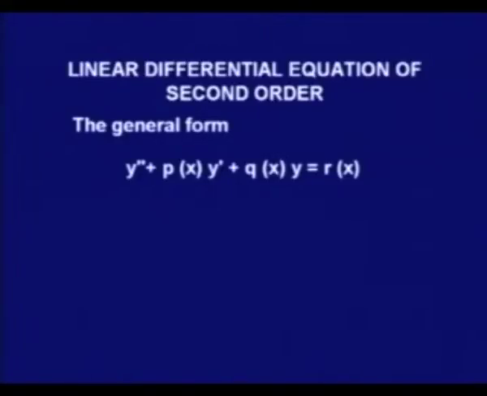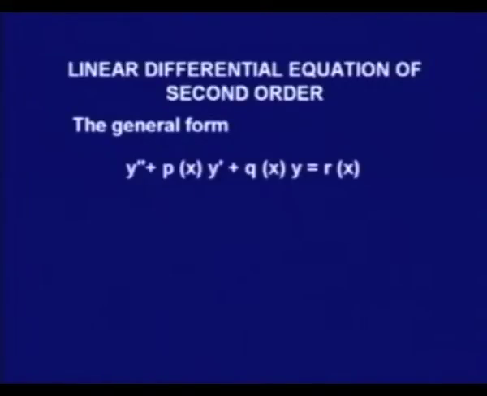The highest order occurring in this equation is the second order. So, this is a second order equation. Moreover, y, y dash and y double dash occur in first degree only and separately. None of the terms contain the two things simultaneously. So, this is a linear equation.